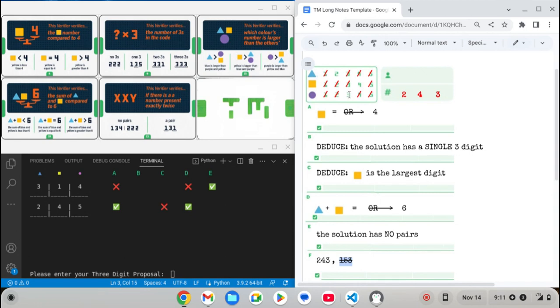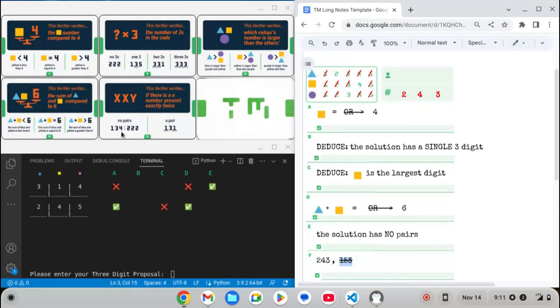Something is very wrong here. Yeah, it can't be a triple digit because there is a largest. So they all have to be distinct. What is going on?